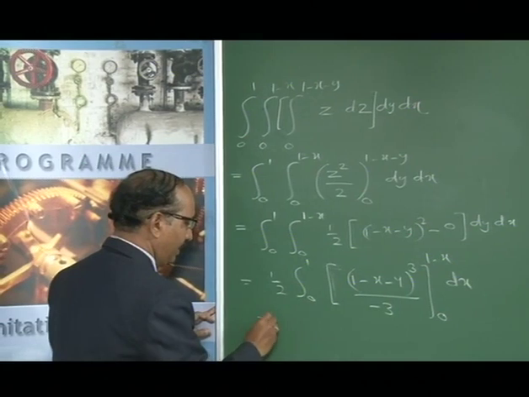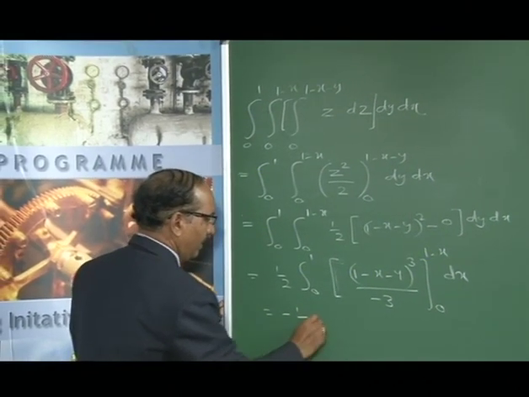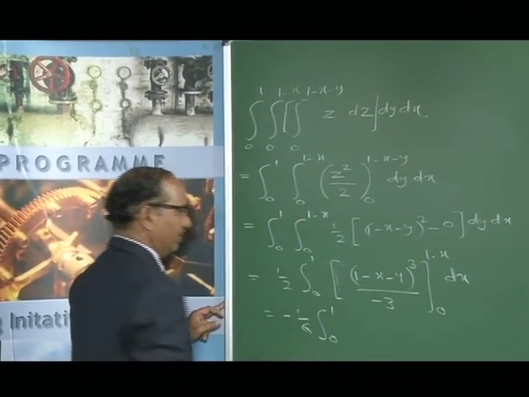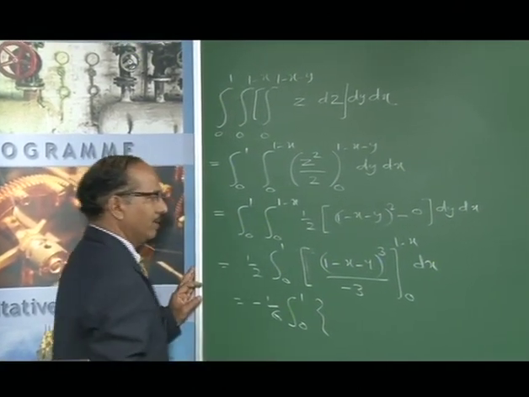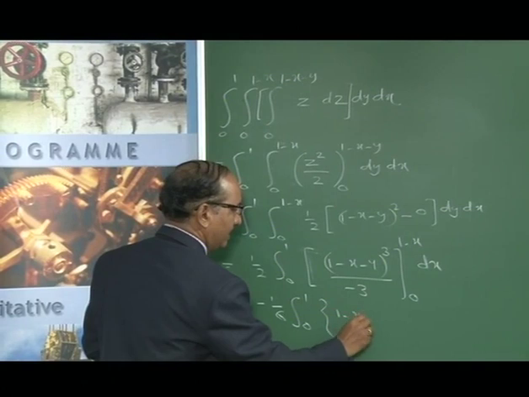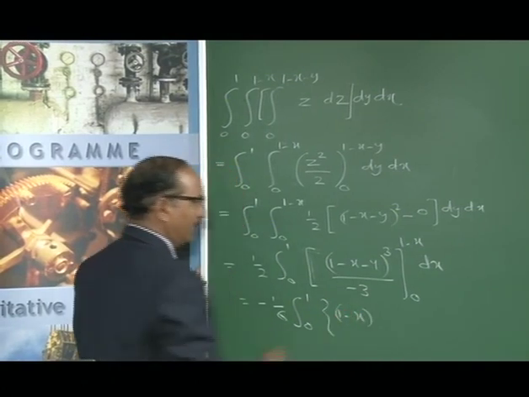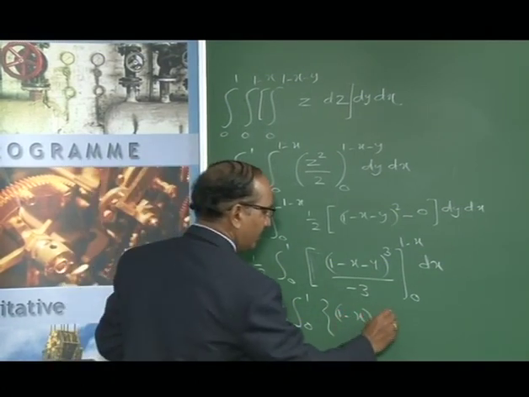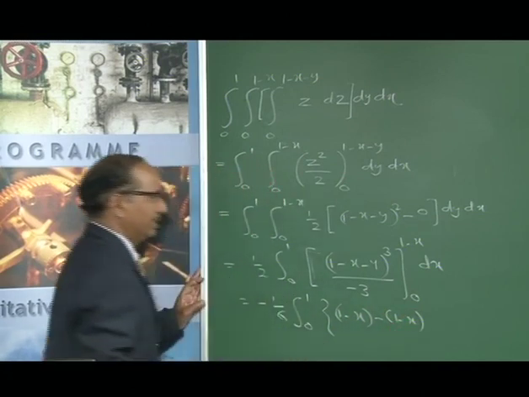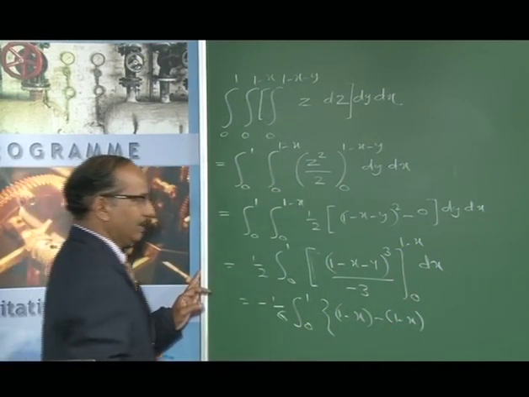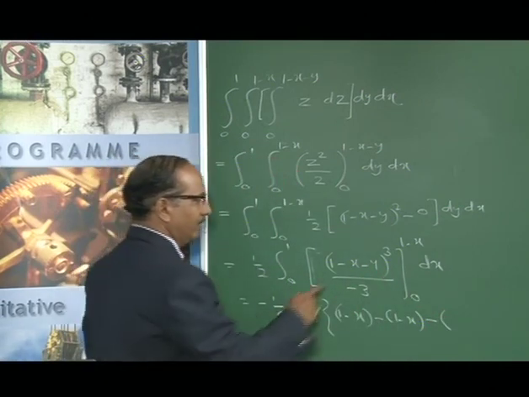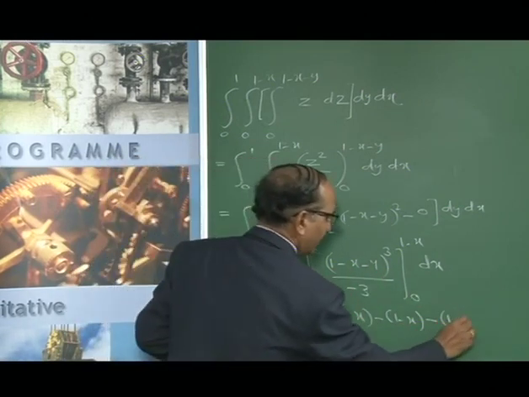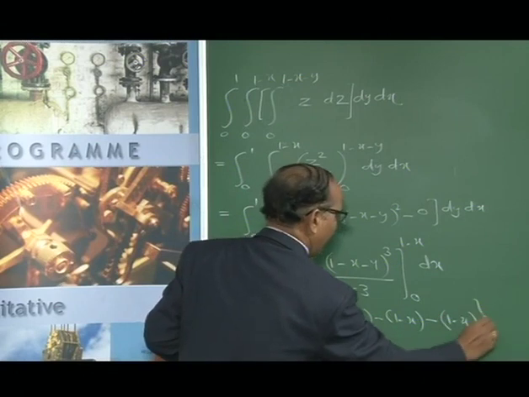So, the constant becomes minus 1 upon 6, 0 to 1. Put y is equal to 1 minus x. So, 1 minus x as it is minus 1 minus x, that is upper limit, minus the lower limit, put y equal to 0, that means 1 minus x, it is over.